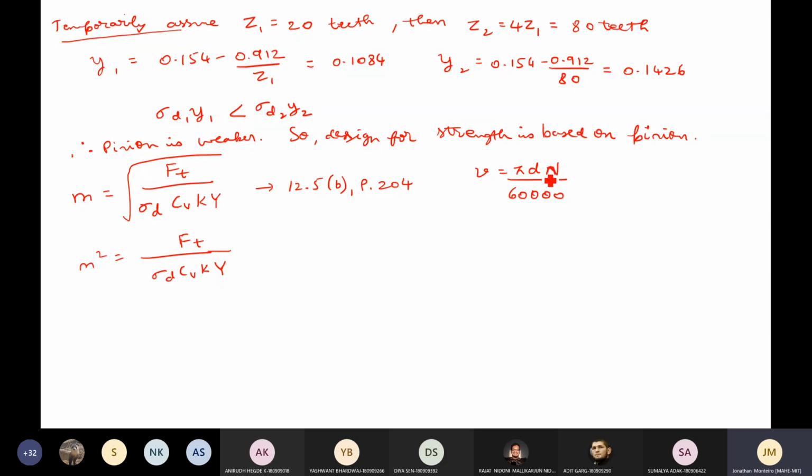And since we are designing with respect to the pinion, I'll write pi d1 N1 by 60,000. So pi into d1 is 80, N1 is 1500, by 60,000. So it should give you around 6.28 meters per second. Okay, V value should be 6.28.